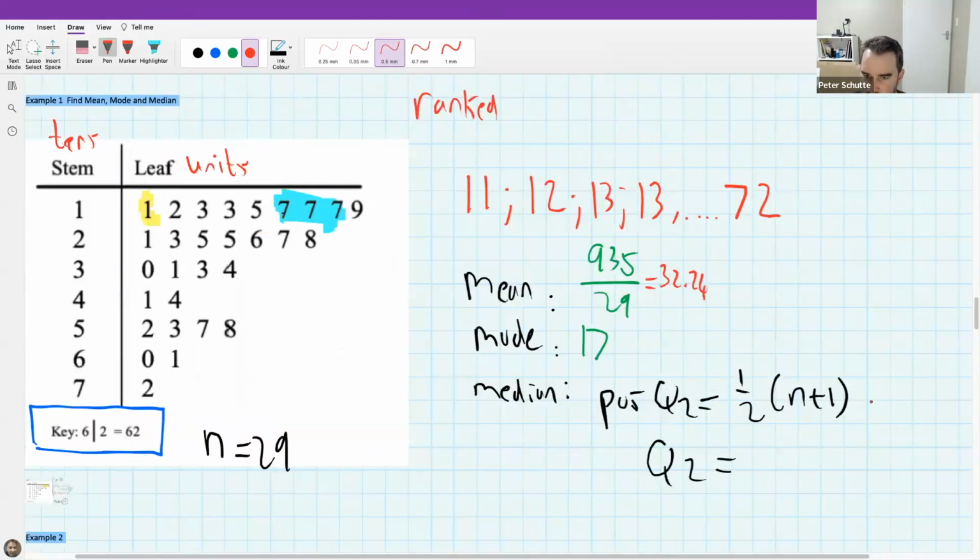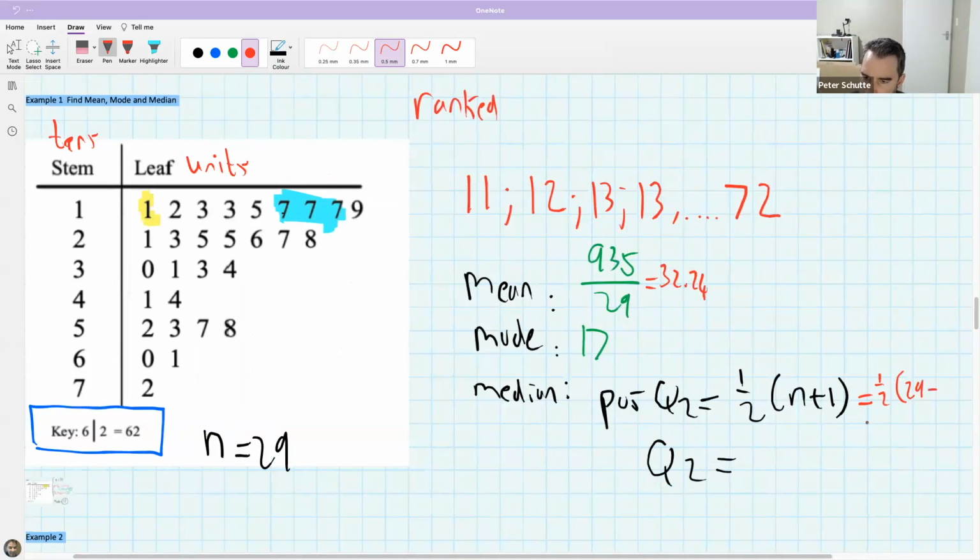Well, I first need to calculate my position. And it seems to be that it's in the 15th position. And so now I have to count from the beginning. 1, 2, 3, 4, 5, 6, 7. So if I count to the 15th position, I get that value there, but that's not the number 7.